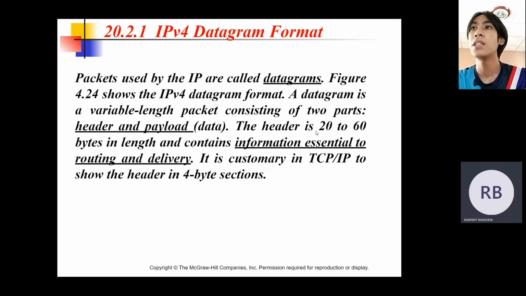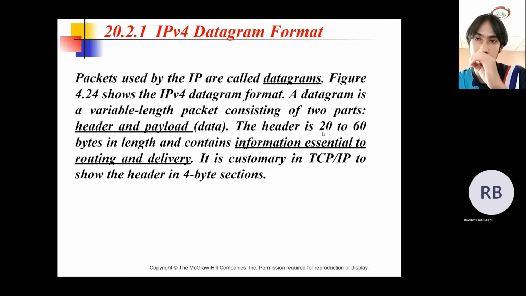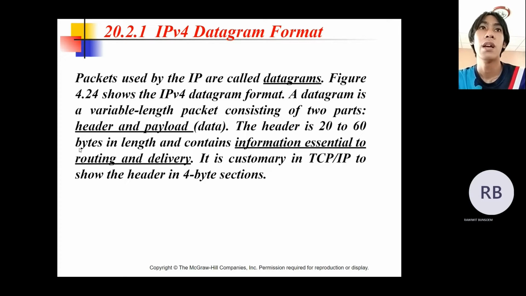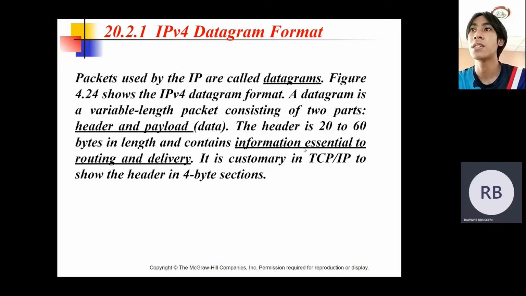The header is 20 to 60 bytes in length and contains information essential to routing and delivery. It is customary in TCP/IP to show the header in 4-byte sections.